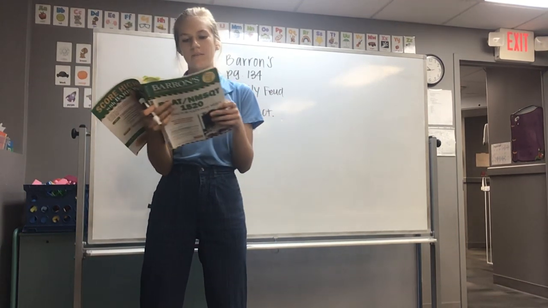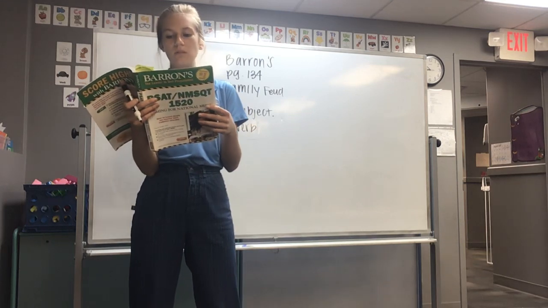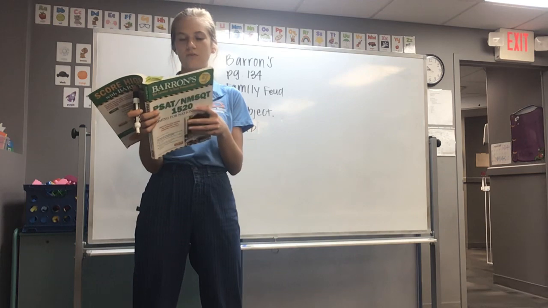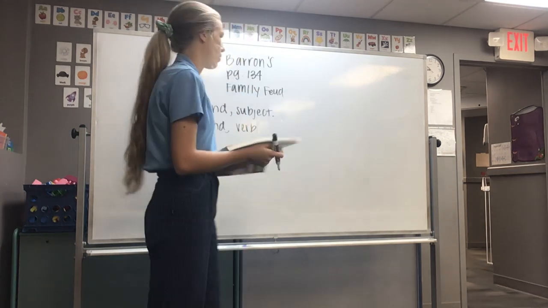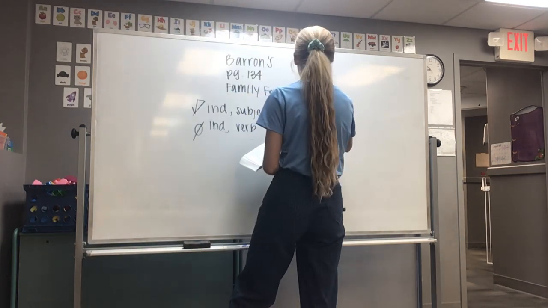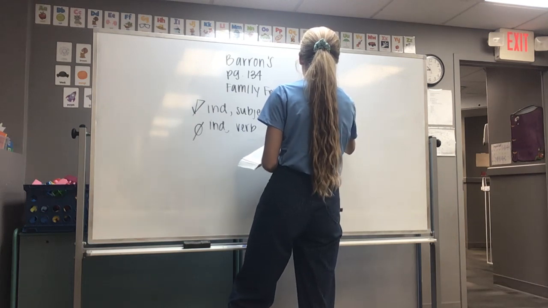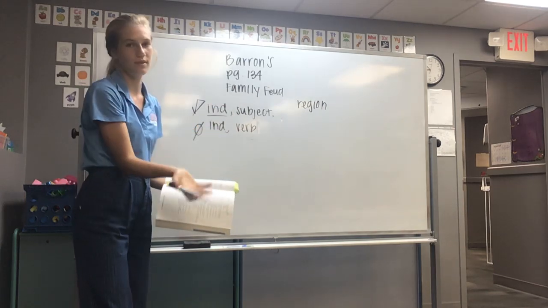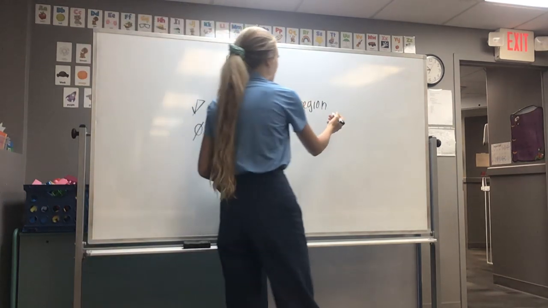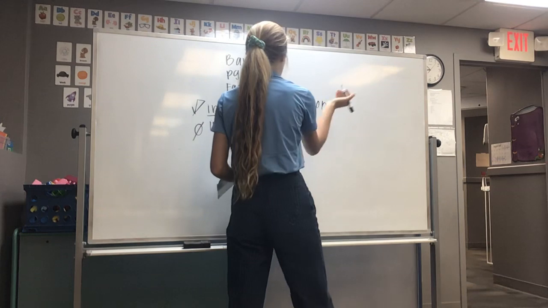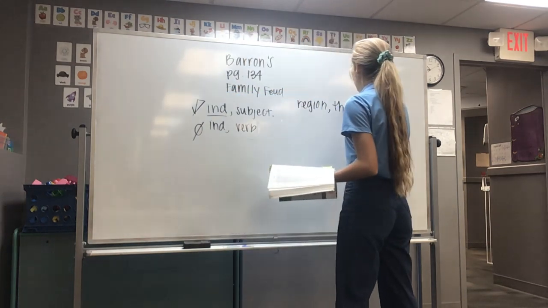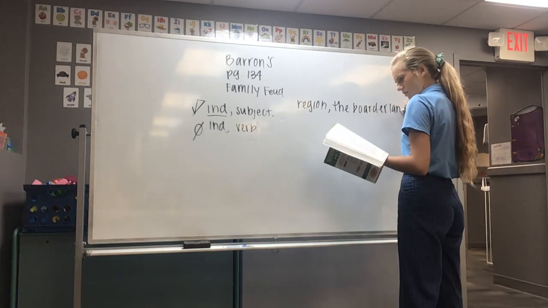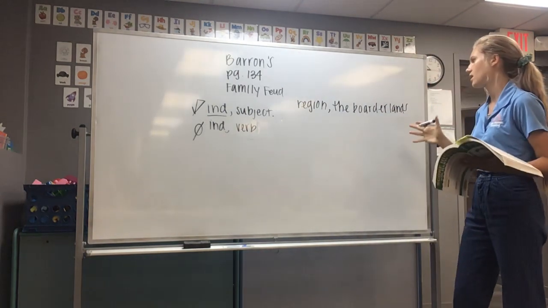But D is basically a run-on sentence, because it says, Randolph McCoy owns some land and livestock in the same regions, the borderland dividing Kentucky and West Virginia. When it says region, that's the end of that independent sentence. And that's when you're going to have your comma, and then it says the borderlands.